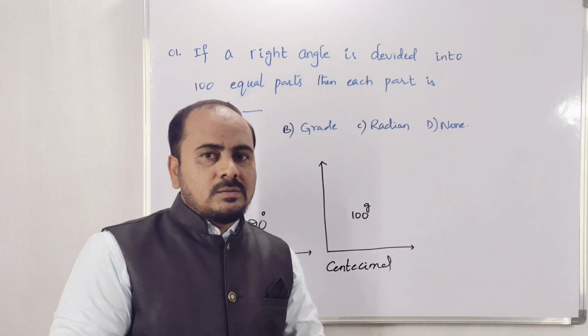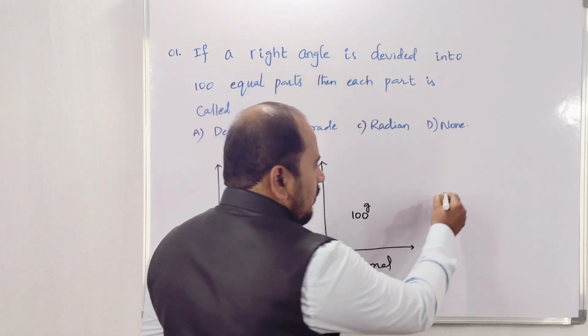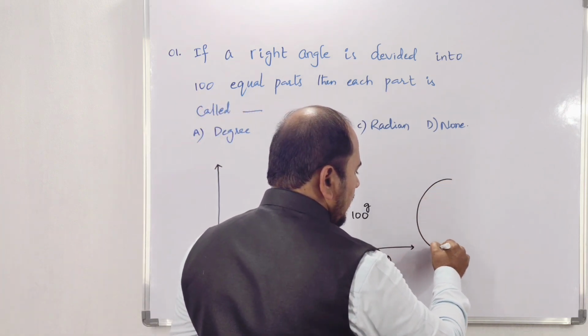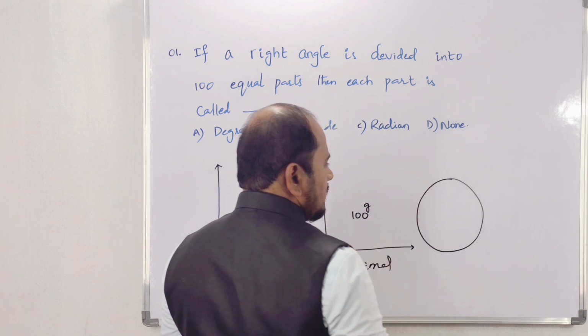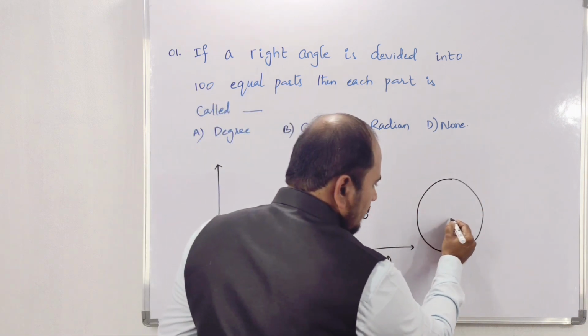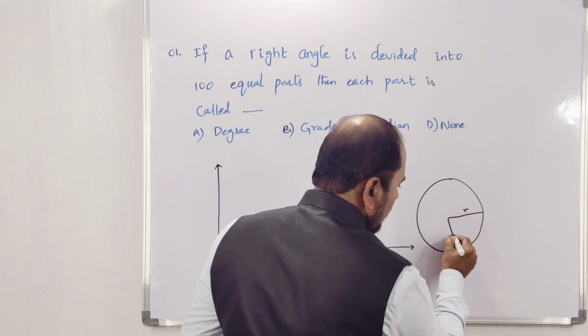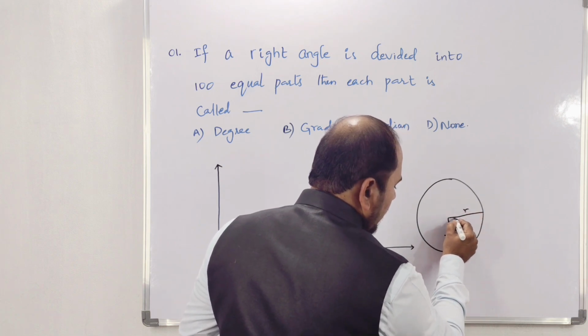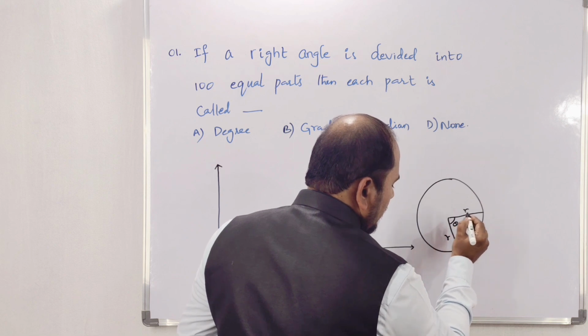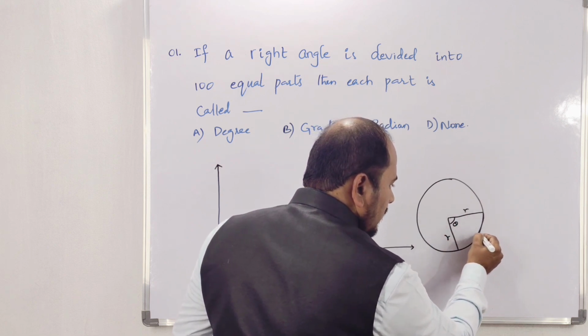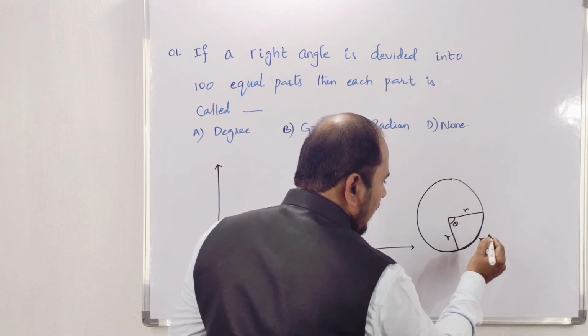And also one more we have, that is in a circle. If you take radius r and here one more r, it makes an angle theta. From here to here the length is r.